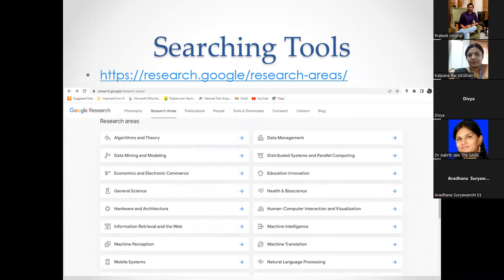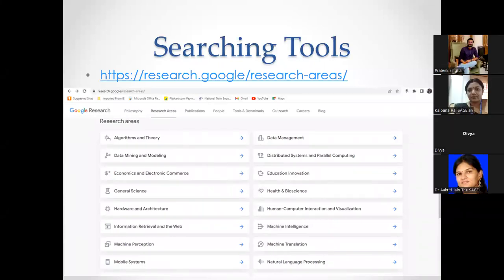So you need to visit the journals' websites. In this case, I have collected some sample websites, by which you can get the number of research papers currently going on in the market.